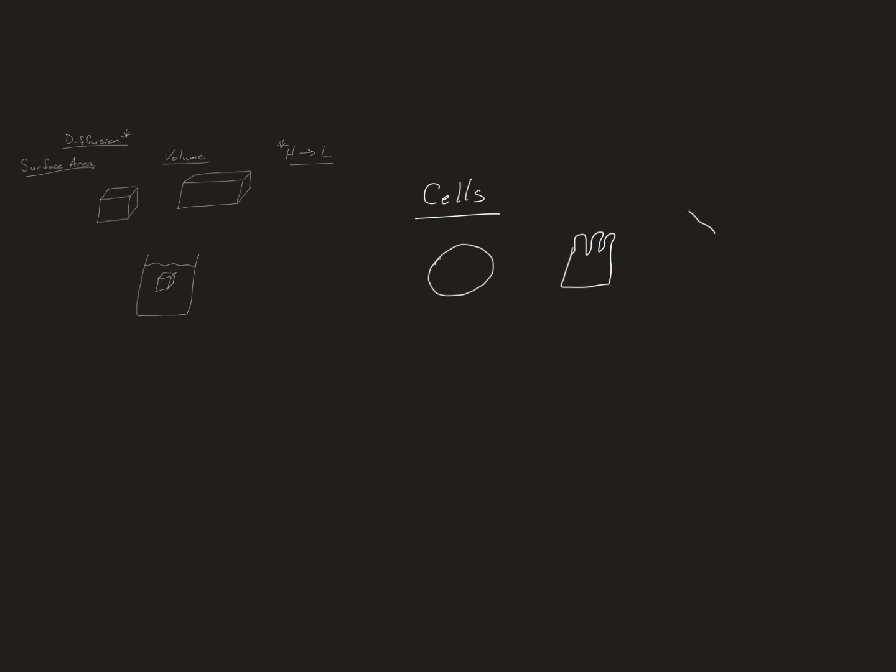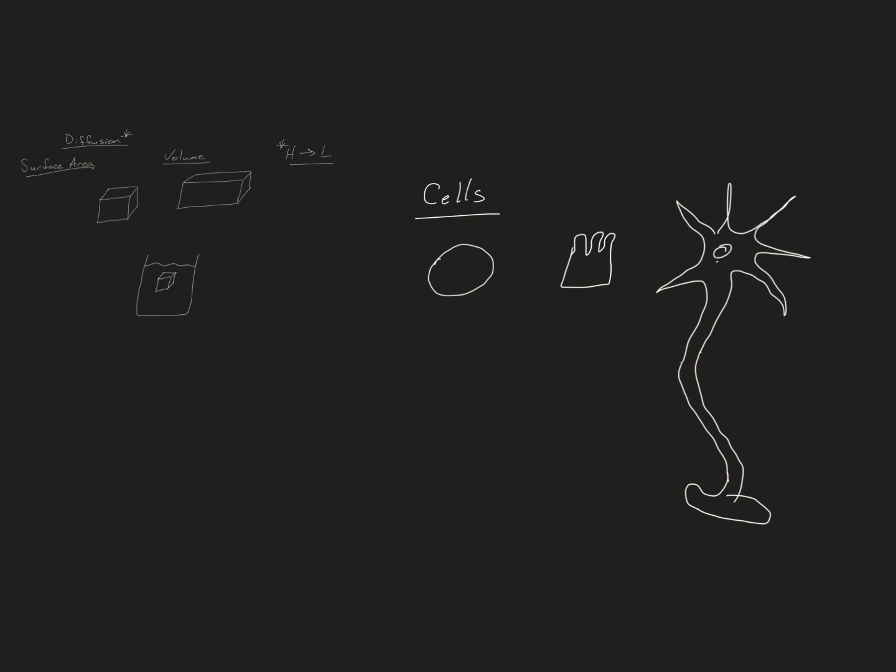For instance, a neuron can look something like this. Well, that's a horrible drawing, so let me redraw that. A neuron could be very long and have an axon and a dendrite, and it can have a synapse.